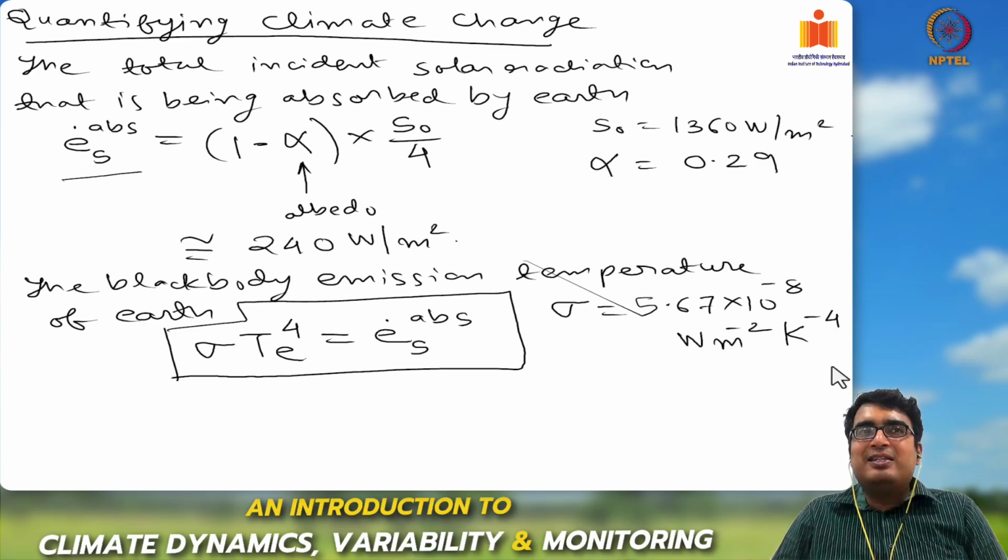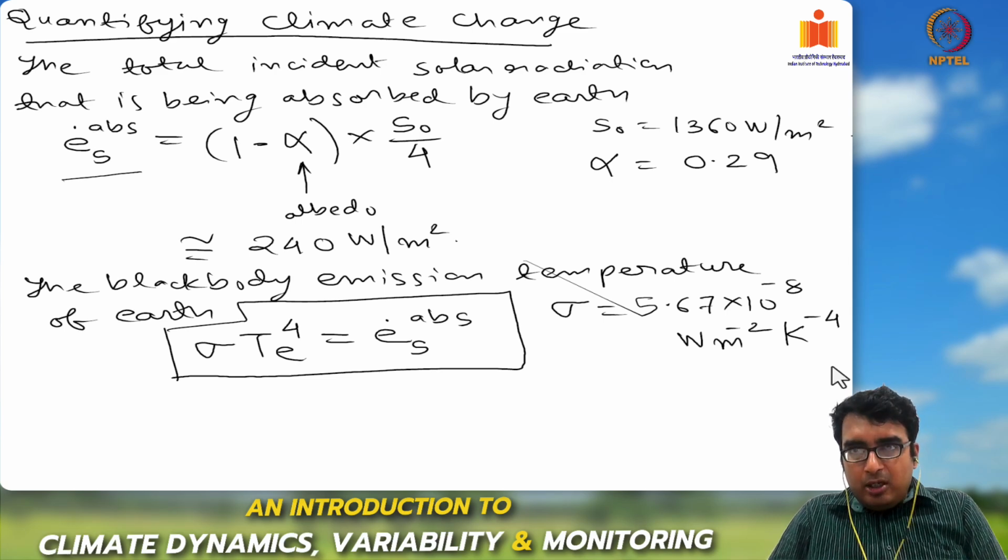Today we will start a new section of our syllabus, which will involve trying to create simple models that quantify the impact of the changes made by anthropogenic greenhouse emissions on the climate of the world. I have named this section Quantifying Climate Change.